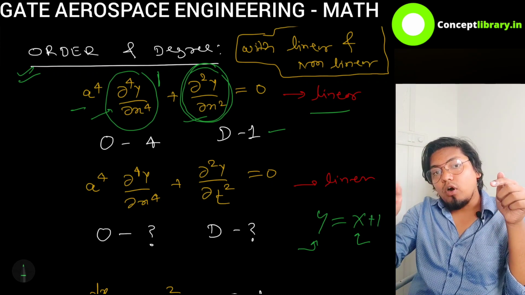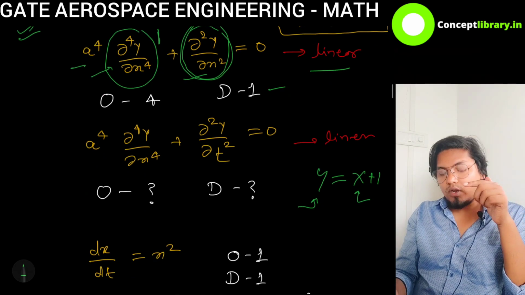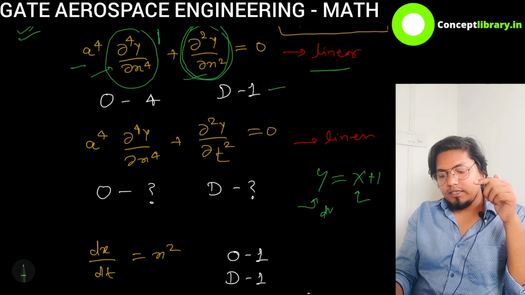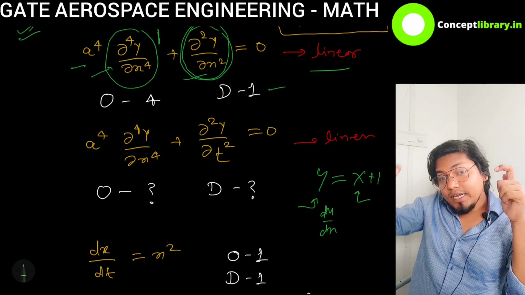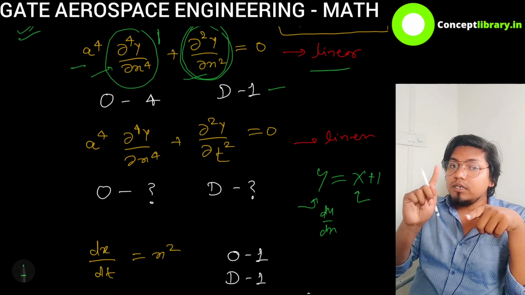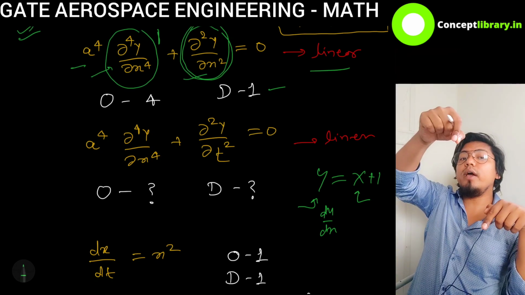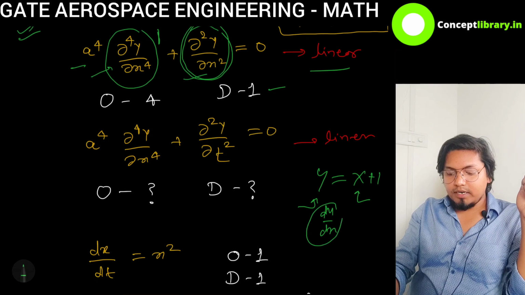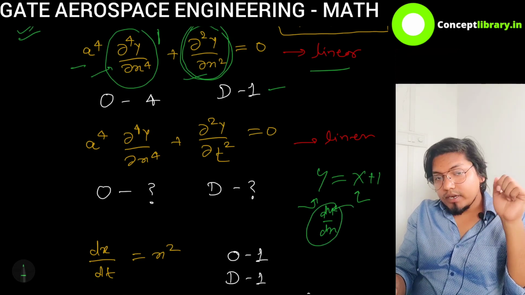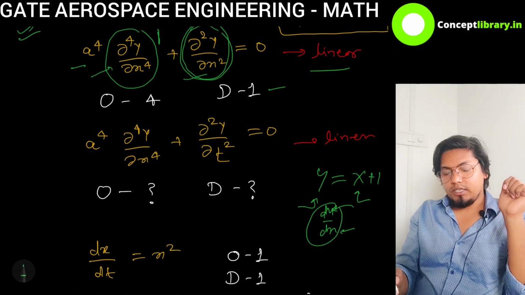I differentiate y with respect to x, so it is like dy by dx or d2y by dx square. I am differentiating the dependent variable with respect to the independent variable.